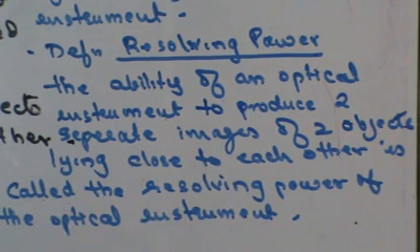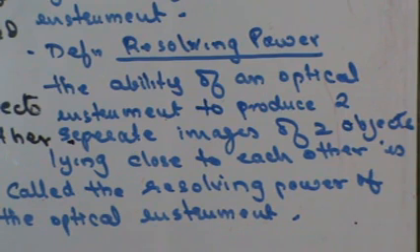Right? Now once I know the resolving power, I can say that the smallest separation between 2 point objects which may appear just separated is called the limit of resolution. The optical instrument can show 2 point images so long as they are at a certain distance from each other.